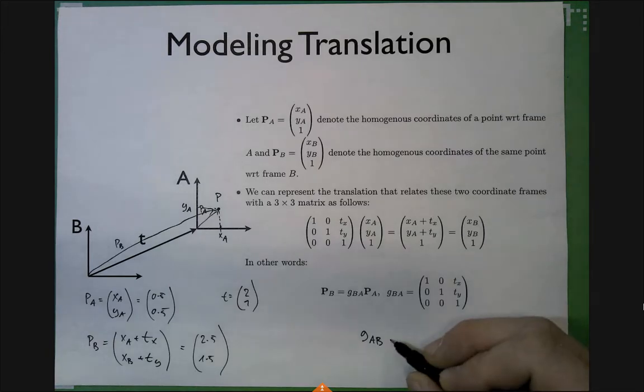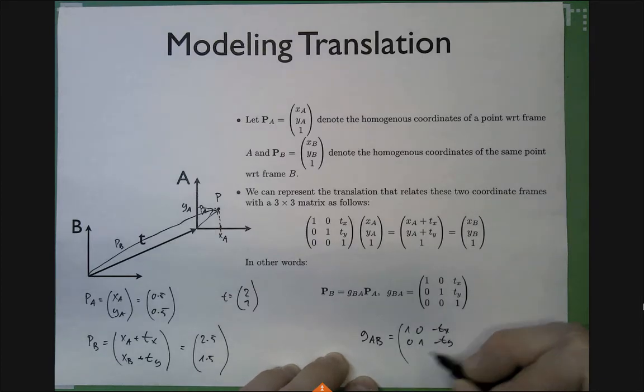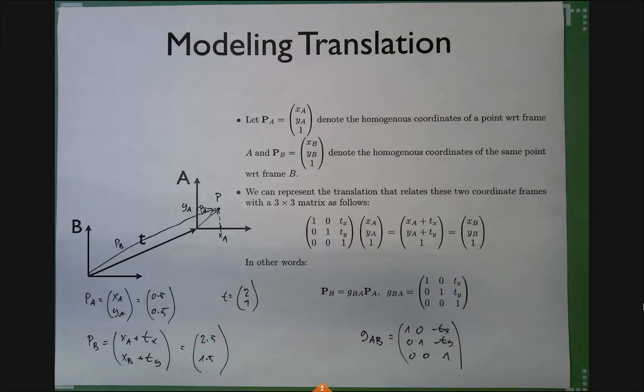Yes, exactly. It would be 1, 0, minus dx, 0, 1, minus dy, 0, 0, 1. So clearly that's not the same, right? Unless the translation happened to be 0, in which case we are not really changing anything.